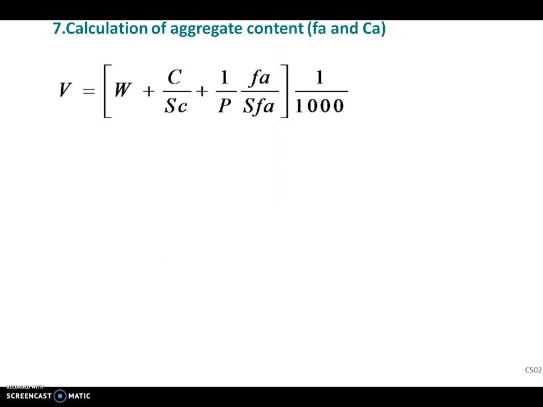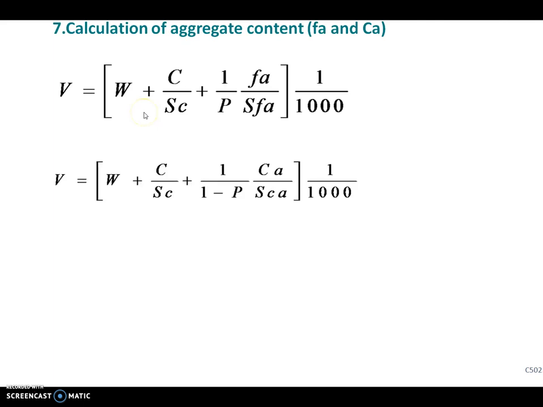Now, calculation of aggregate content. This V is the absolute volume of fresh concrete. This formula is for the fine aggregate, and this formula is for the coarse aggregate.